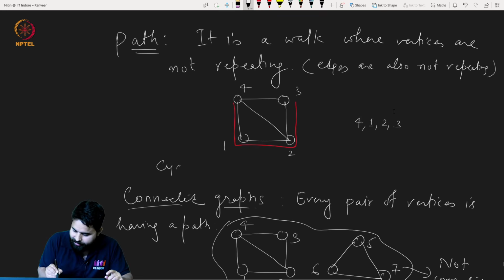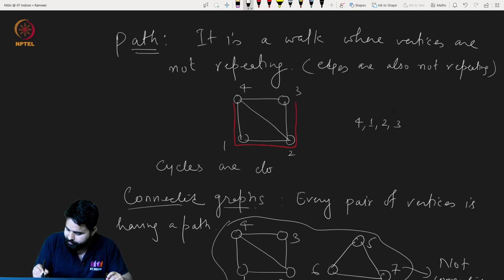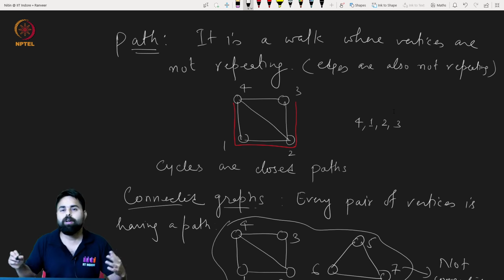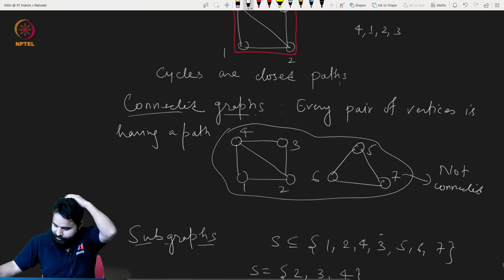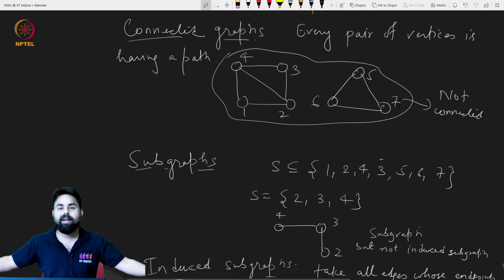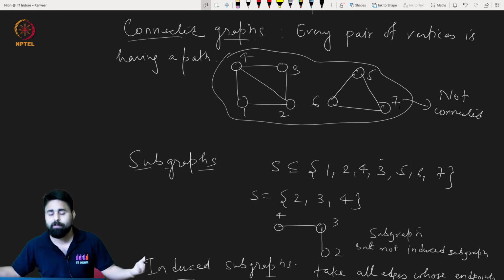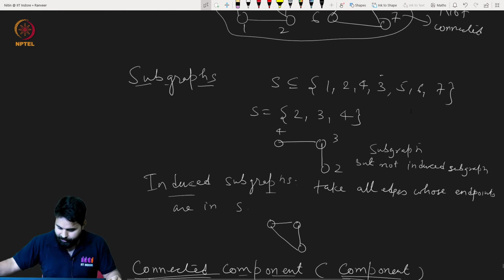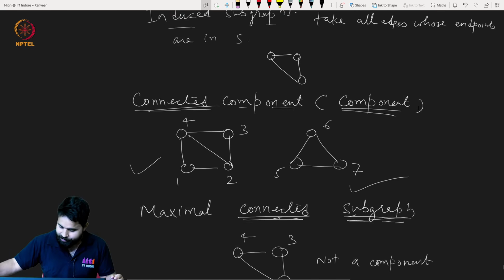So cycles are closed paths. Very good. So the first vertex and the last vertex are the same. And then connected graph, and then subgraphs of a graph, and then a special subgraph that we call induced subgraph, then connected component, okay.